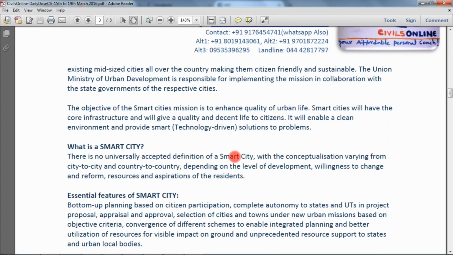If a city is already a smart one, it can become smarter. So it depends on what kind of resources are already there in the city, and to which level you want to develop your city. So this is what smart city stands for. India has got its own definition of smart city based on its own requirements and aspirations.